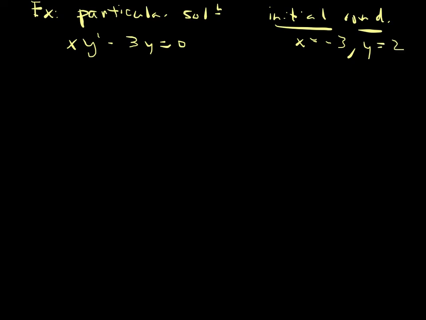Later we will talk about finding solutions. In this case, we're just going to say that the general solution of this is y equals c x cubed. So we've got a c, a constant, in there, which makes this a general solution.